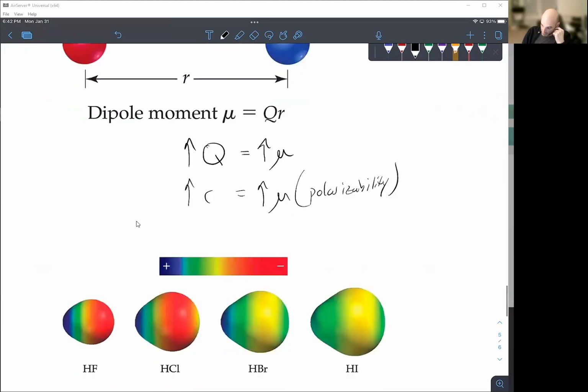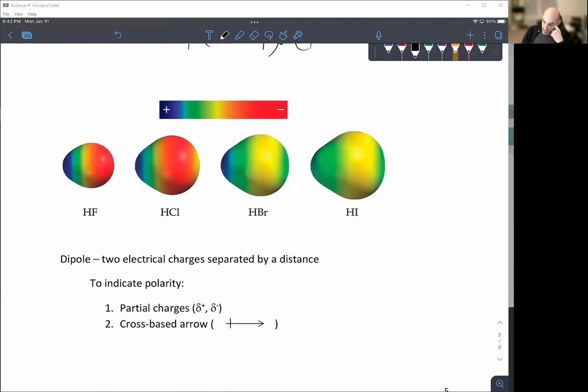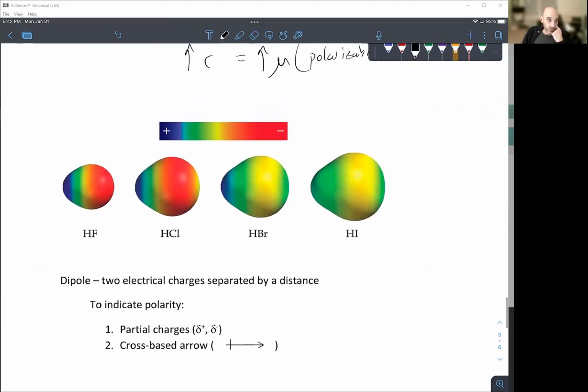So yeah. So here we have HF, HCl, HBr, HI. Okay, just in terms of charge differences, you can definitely see the dipole change, right? So there's a greater partial negative here, and in fact, we can do this kind of.